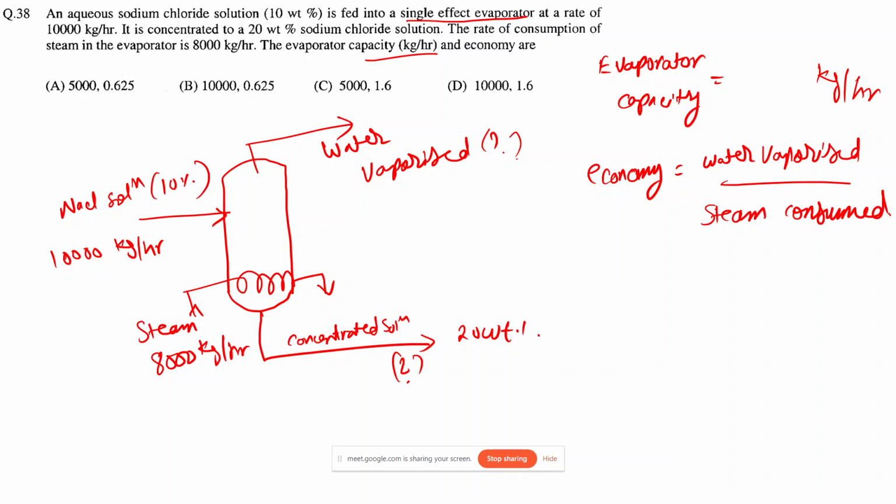So this we have to find. So we can simply do mass balance across this system and find the relevant quantity, that is the water vaporized.